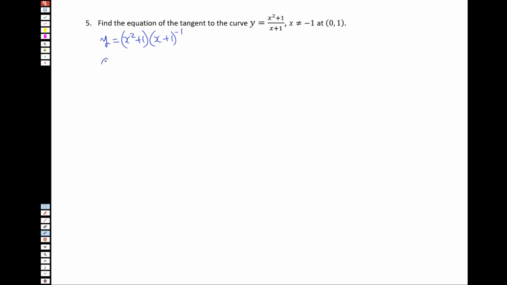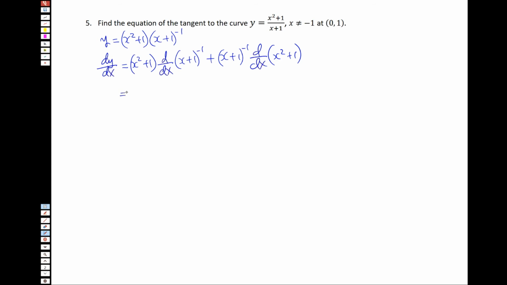So dy over dx will be equal to x squared plus 1 multiplied by the derivative of x plus 1 to the power negative 1 plus x plus 1 to the power negative 1 multiplied by the derivative of x squared plus 1.